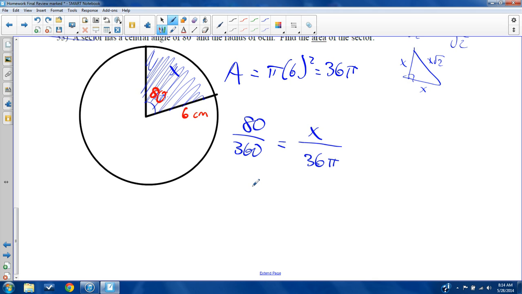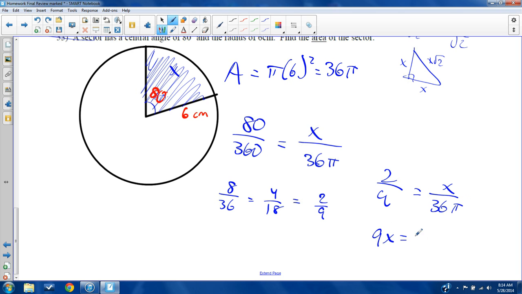Yeah. No, this isn't 1 over 9. 8 over 36, 4 over 18. 4 over 18 is 2 over 9. So 2 over 9 equals x over 36 pi. Cross multiply. 9x equals 72 pi. And x equals 8 pi square centimeters.